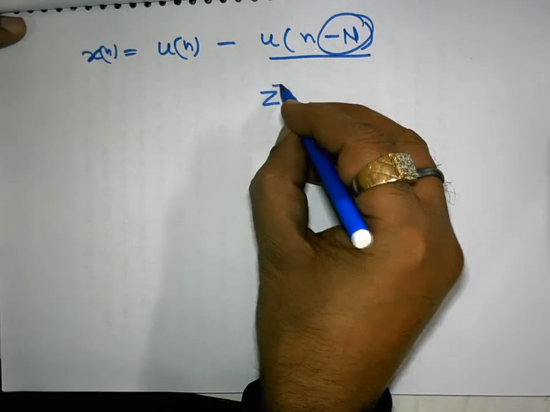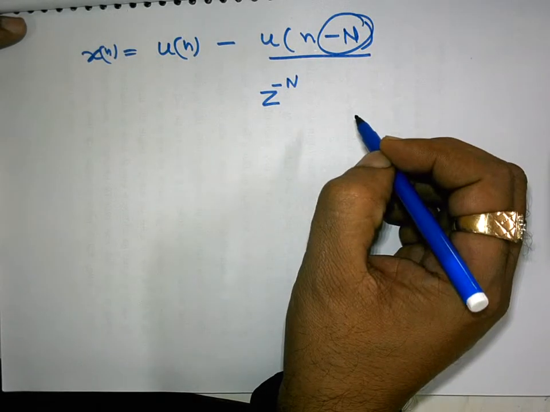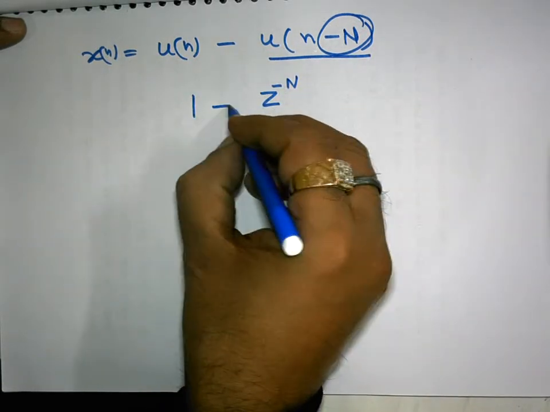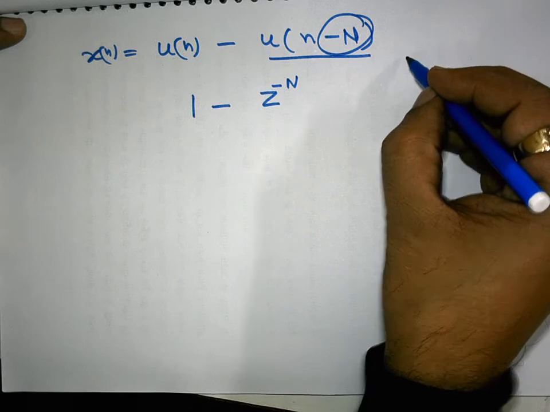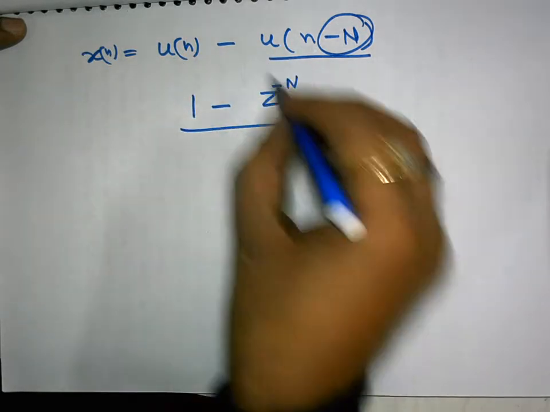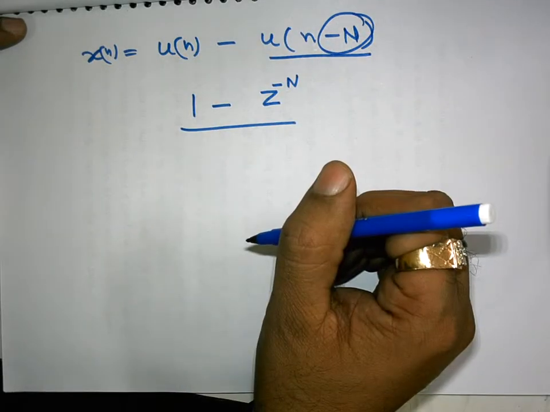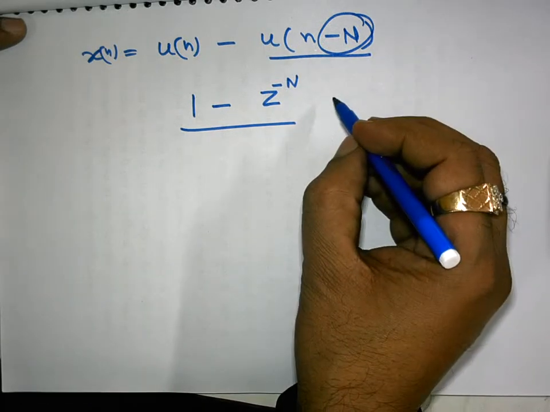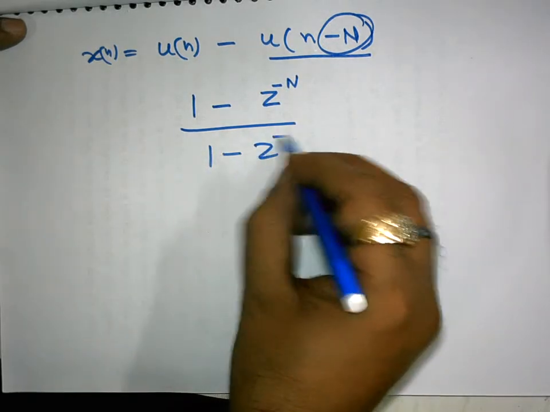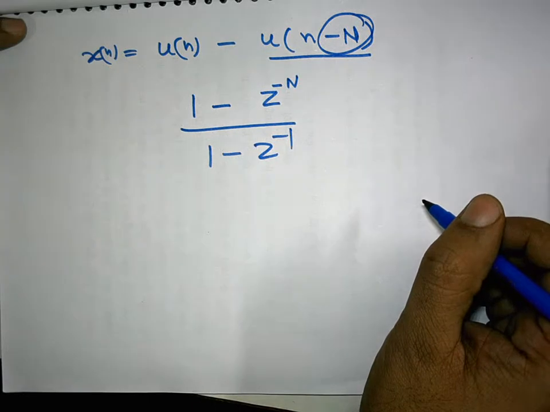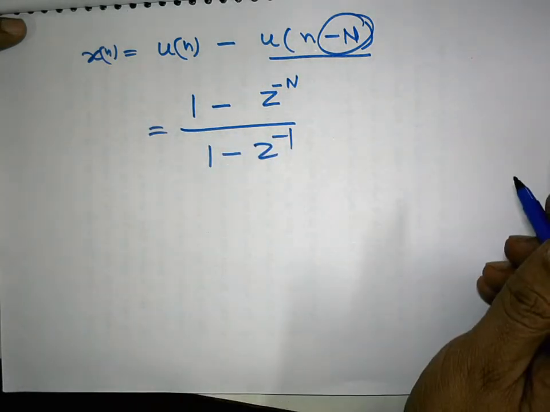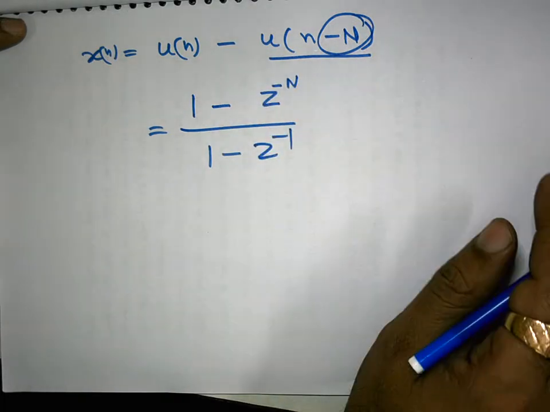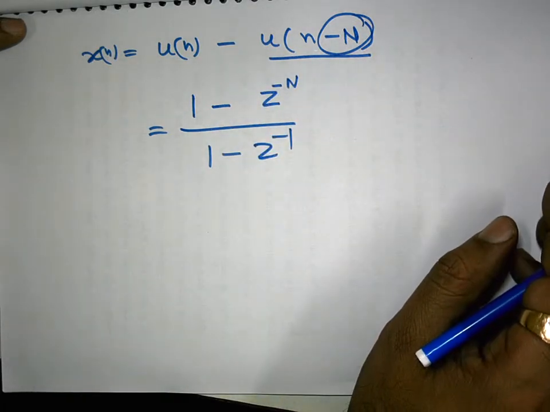So this has to be multiplied by z to the power minus n, and then you have to evaluate the z transform of u(n). What is the z transform of u(n)? 1 over 1 minus z inverse. So simply by using the time shift property, you directly evaluated the z transform of this signal.